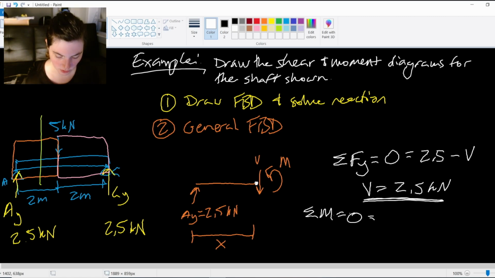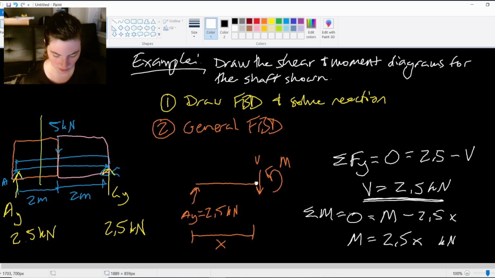I'm taking it about that point. So I have the applied moment itself, that internal bending moment, M, minus 2.5 times the distance away, x. So now when I solve, I have an actual equation now. M equals 2.5x. Right, and that would be kilonewton meters if you're including a unit on that there.